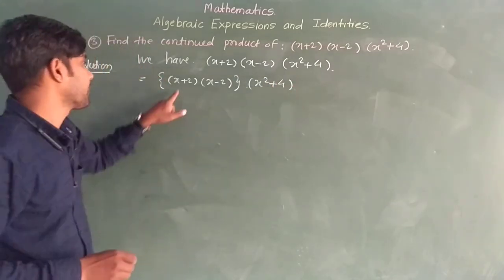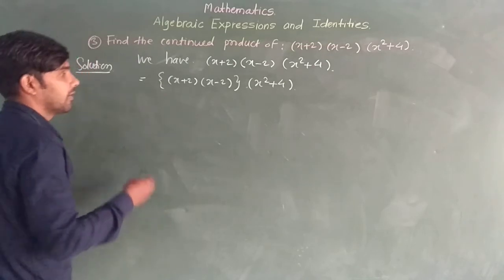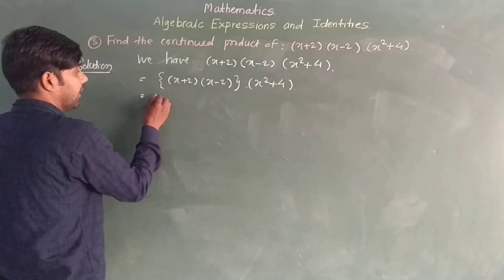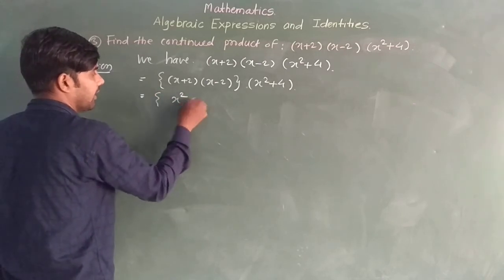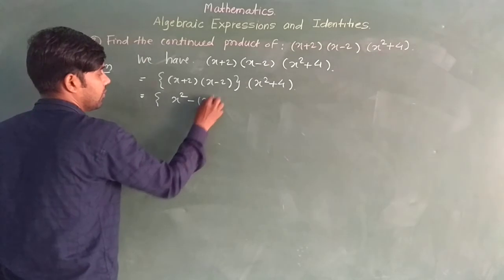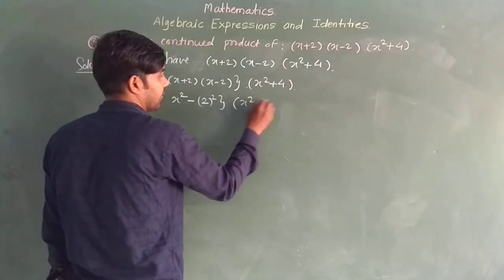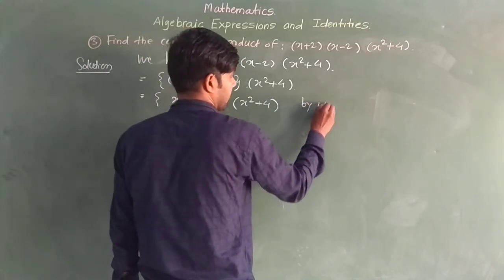So now using a plus b, a minus b is equal to a square minus b square, we write here x square minus 2 square, and the third bracket x square plus 4.